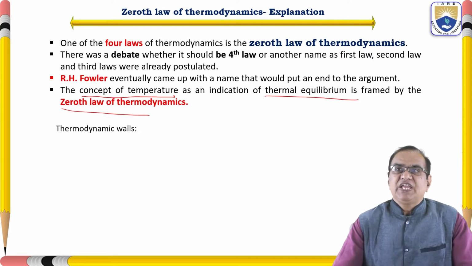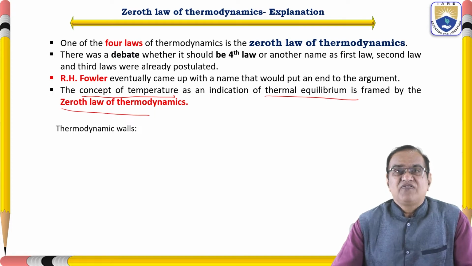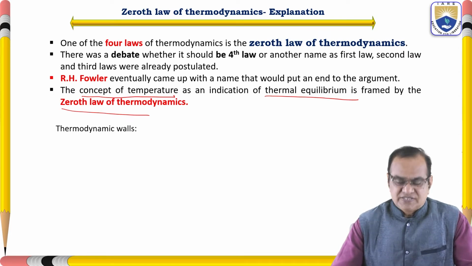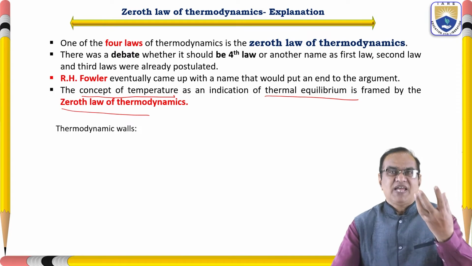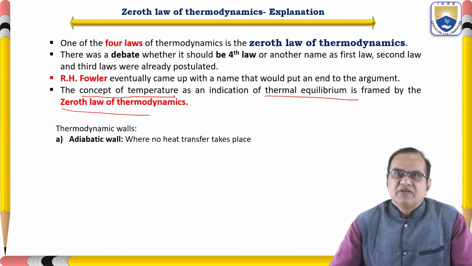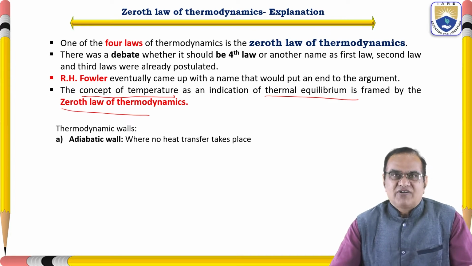Before we go for further discussion of how the Zeroth Law of Thermodynamics evolved, we should also discuss some types of walls or arrangements which try to make the system isolated or give a nicely conductive environment.